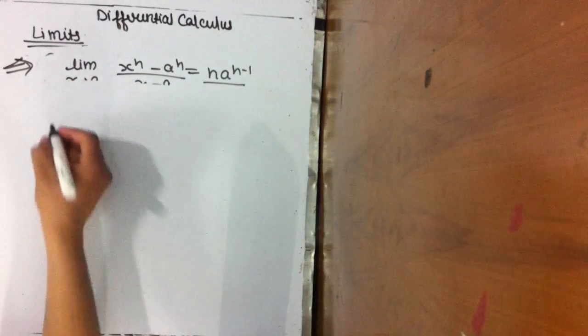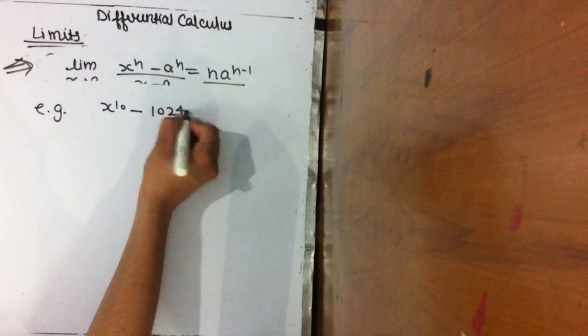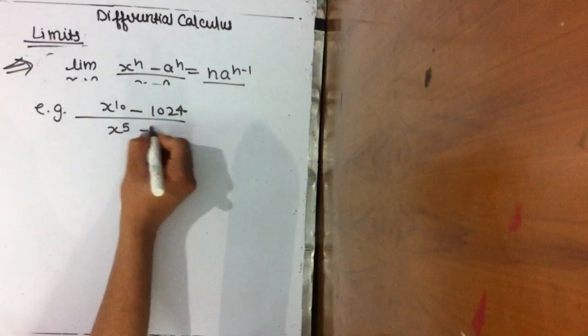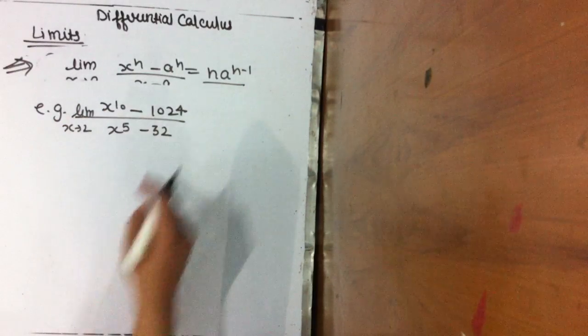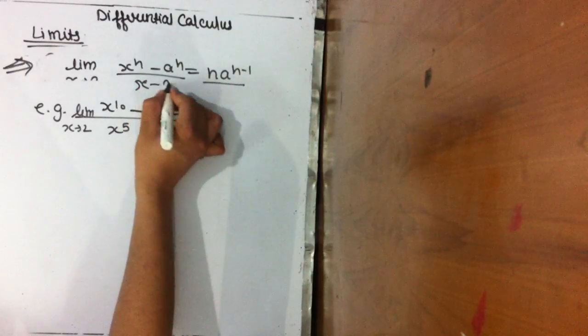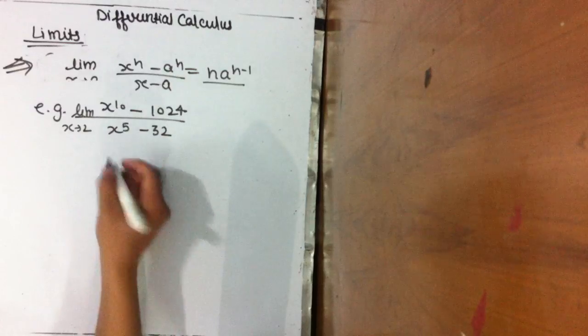For example, if I took x to the power 10 minus 1024 divided by x to the power 5 minus 32, limit x approaches 2. Now in order to form this particular formula, we'll divide by x minus 2 both in the numerator and in the denominator.